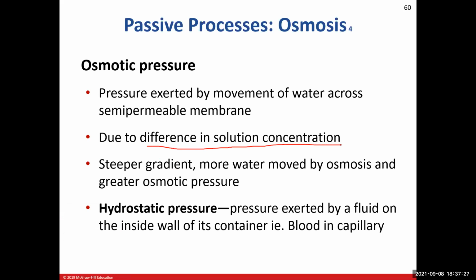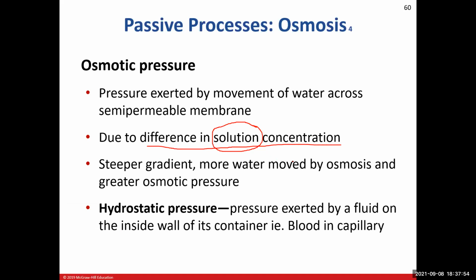The solution concentration means we're talking about everything outside of the cell. So if there's a difference in the concentration gradient between the inside and the outside of the cell, as that water is moving, it's going to create pressure.